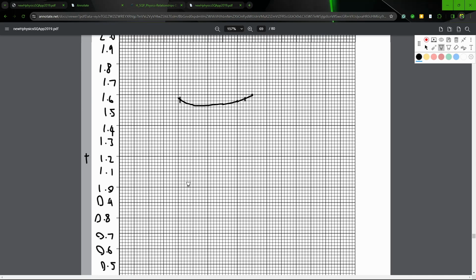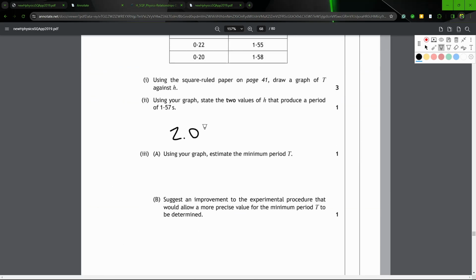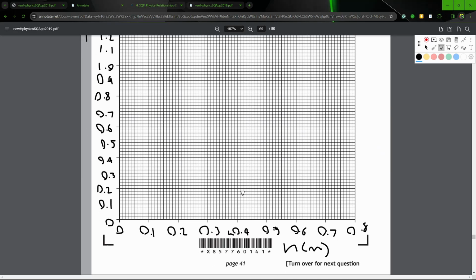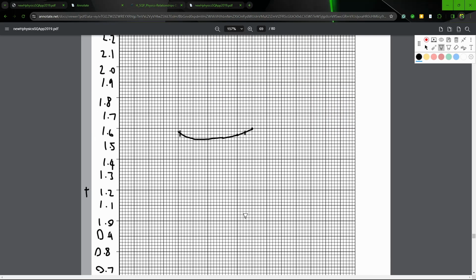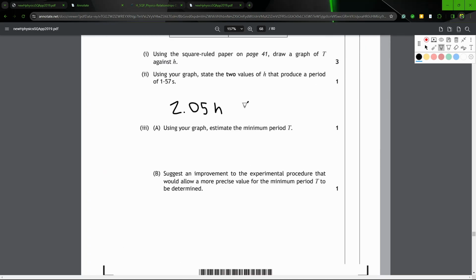0.205, and then now what looks like 1, 2, 3. That'll be like 0.425.